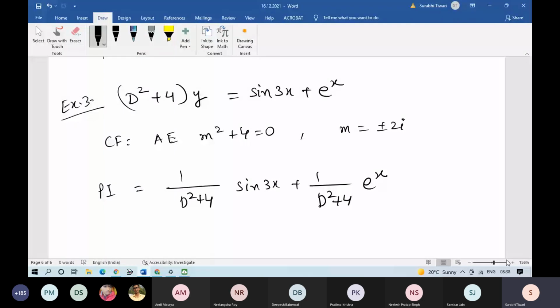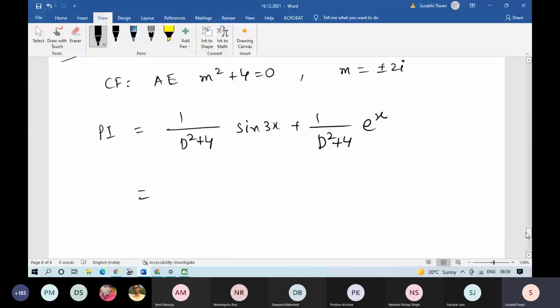Now here you see that f of d is a function of d square also. All the terms in f of d are either written in terms of d square or constant. So we can apply the sine formula. Here in sin(ax plus b), the value of b is 0 and the value of a is 3. So we have to put d square equal to minus a square.